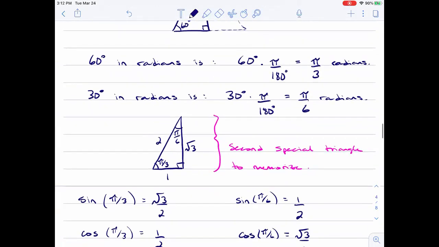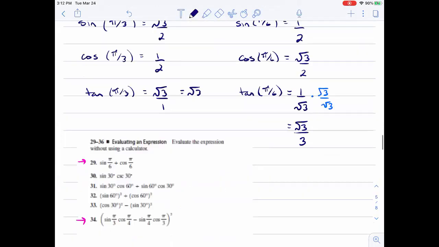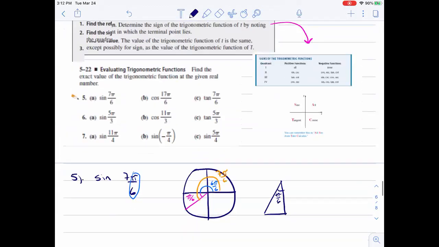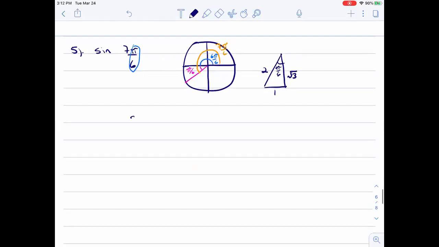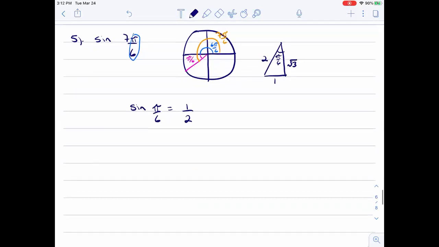It's 1, root 3, and 2. So if I want the sine of this, sine is opposite over hypotenuse, so 1 over 2. So sine of pi over 6 is 1 over 2.